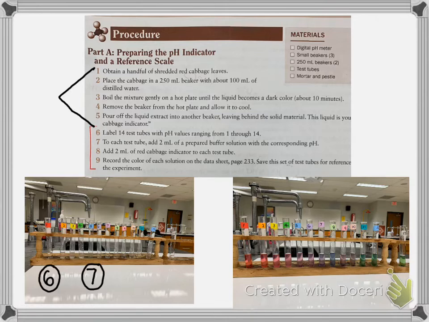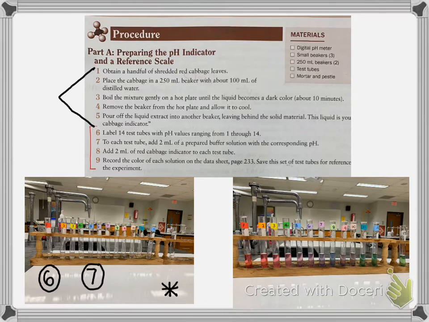And in the picture here, the first photograph right here, I had already put the 2 milliliters of the buffer solutions in each respective test tube. It might be hard to see because the buffer solutions are both clear and colorless.